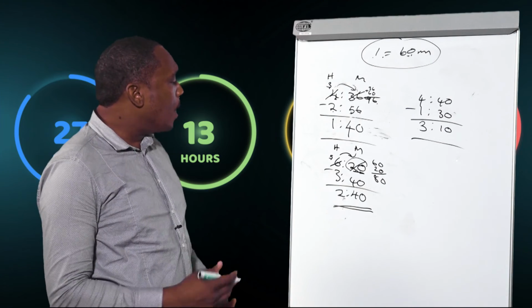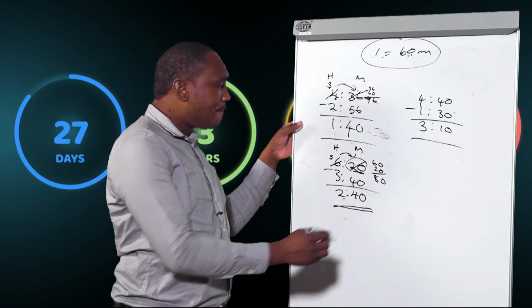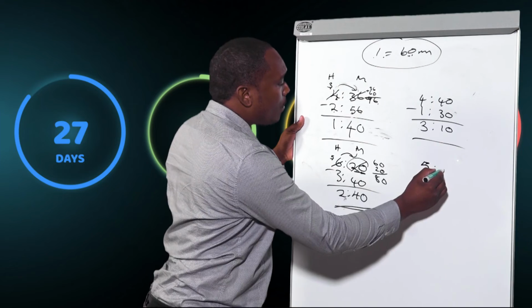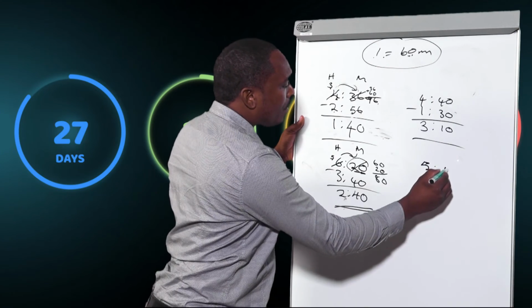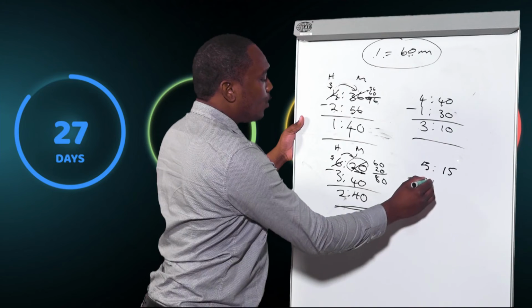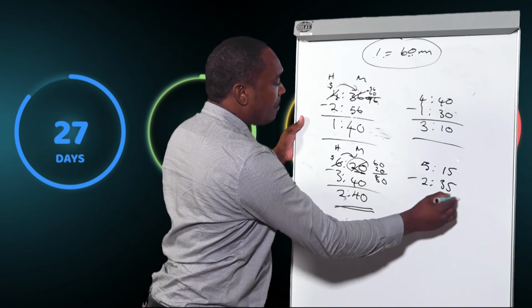You can try more and more which have bigger numbers on top, smaller numbers on top, like 5:15 subtract 2:35.